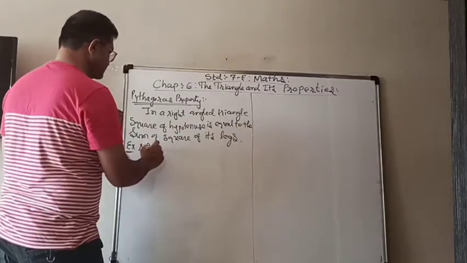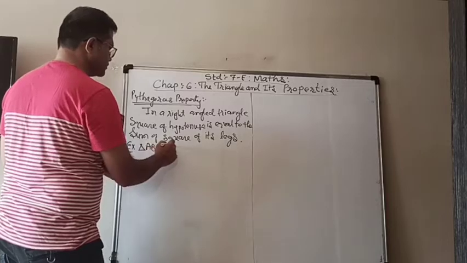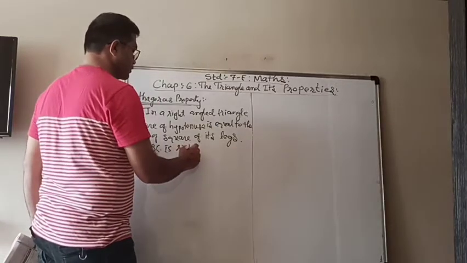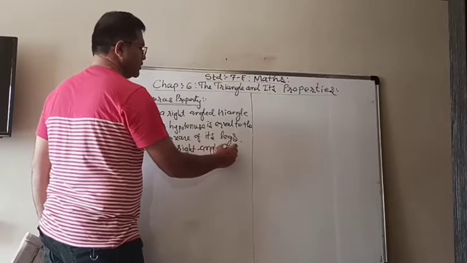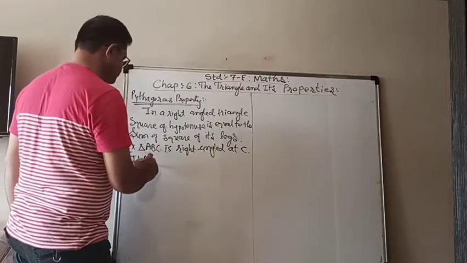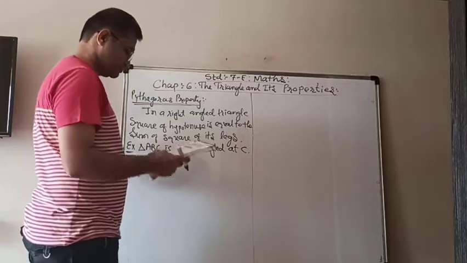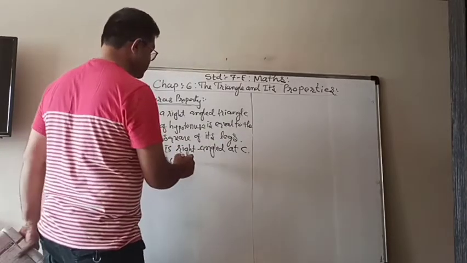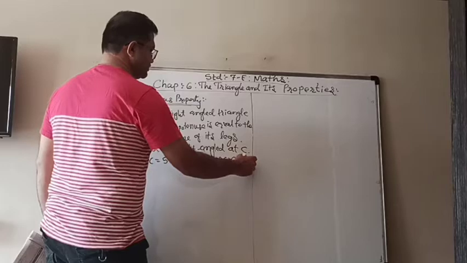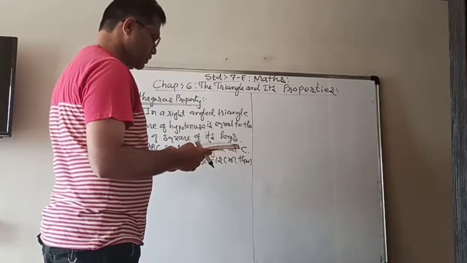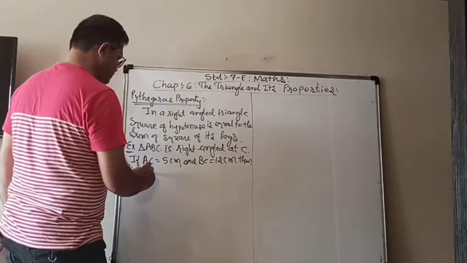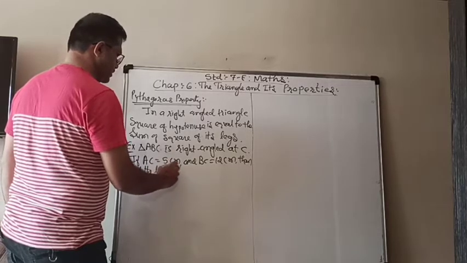Triangle ABC is right angled at C. If AC is equal to 5 centimeter and BC is equal to 12 centimeter, then find the length of AB.